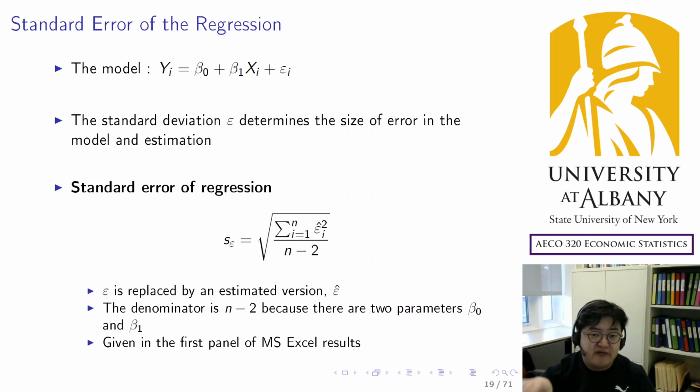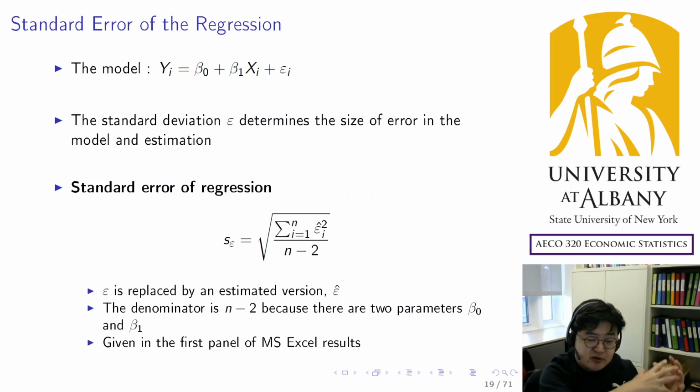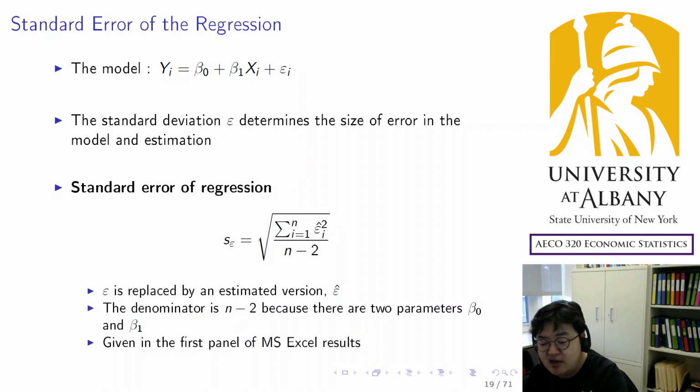So when you calculate the variance, beforehand you need to calculate the mean. In calculating the mean, you have already consumed one piece of information, right? Then after calculating the mean, the remaining information is n-1, and using that n-1 to calculate the variance. That was the intuition. Here, when you calculate the standard error of epsilon, before doing that, you need to estimate two parameters, beta 0 and beta 1.